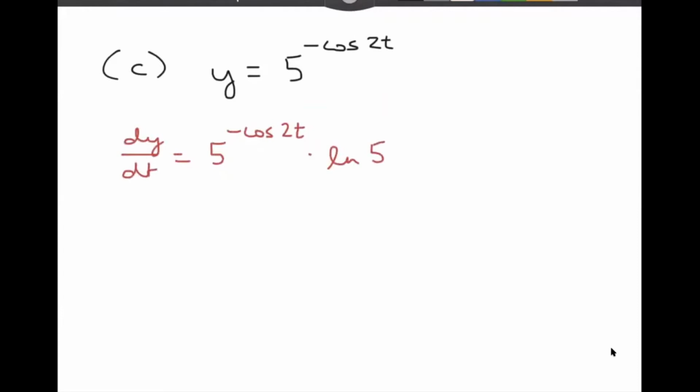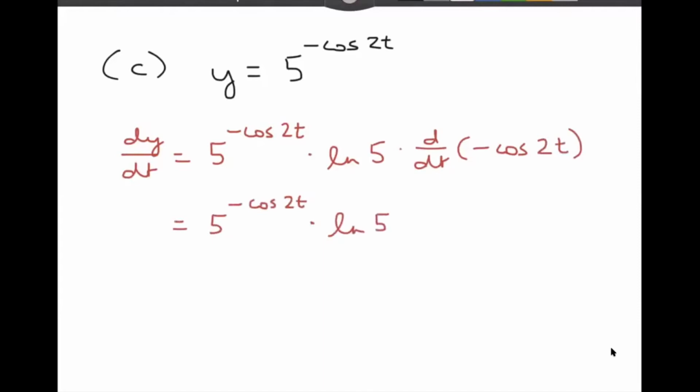And now we have to multiply by the derivative of negative cosine 2t, right?